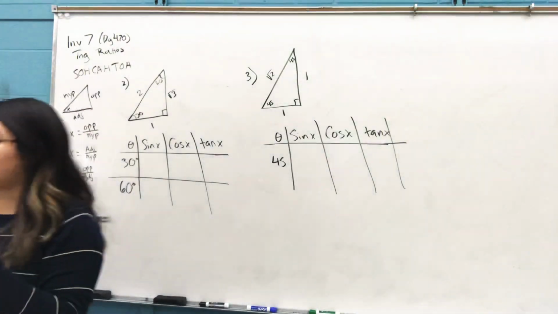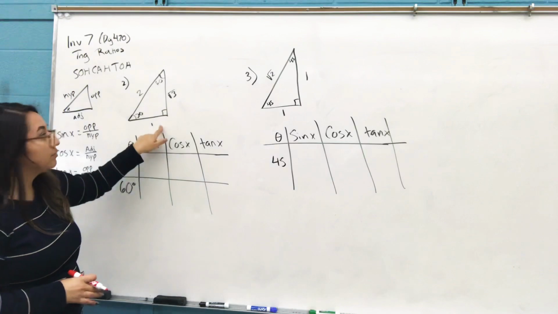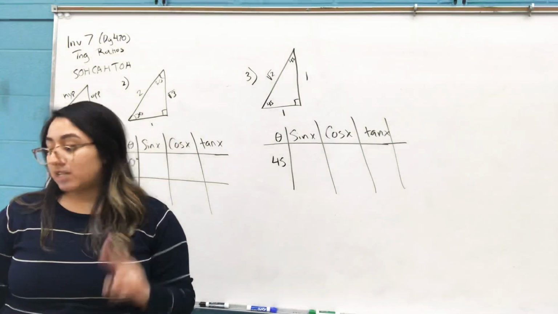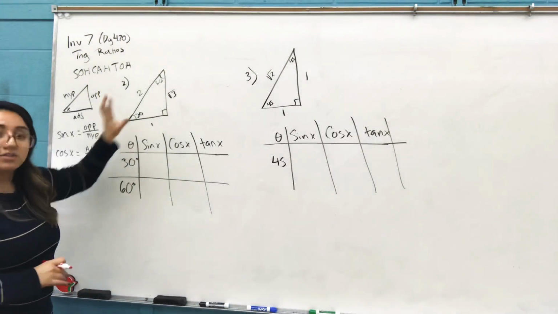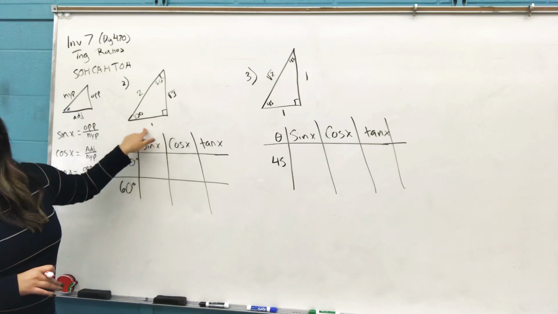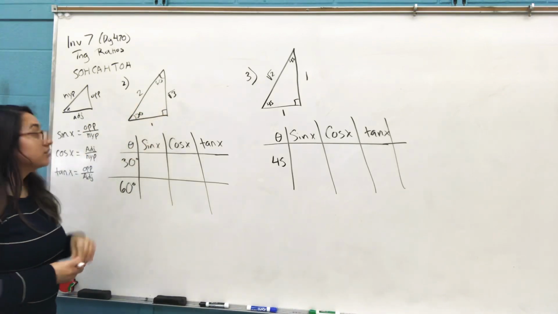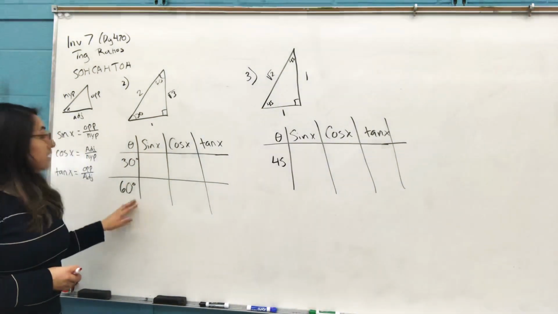But all those points come down to the fact that we use 2 main triangles, 45, 45, 90, and 30, 60, 90. Number 2 says draw a 30, 60, 90 triangle. The measurements for that are 1, radical 3, and 2. Here they're saying to find the sine, the cosine, and tangent of the 30 and of the 60 degrees.